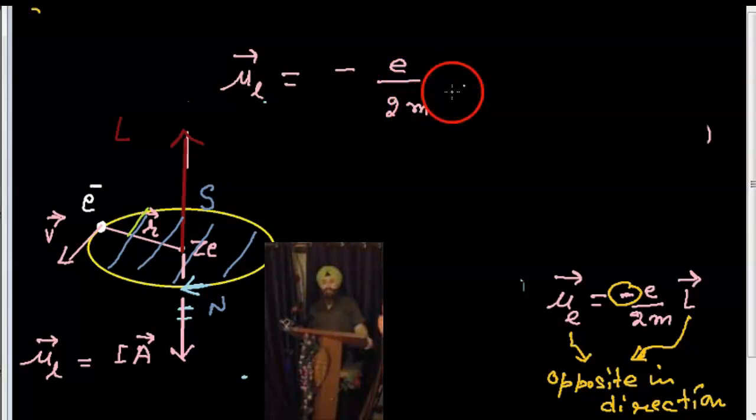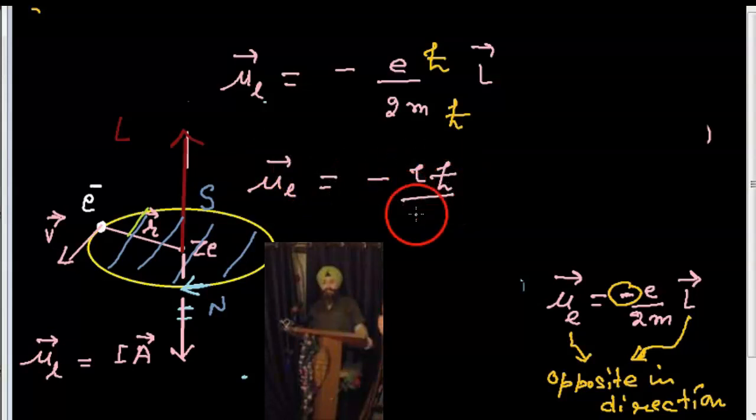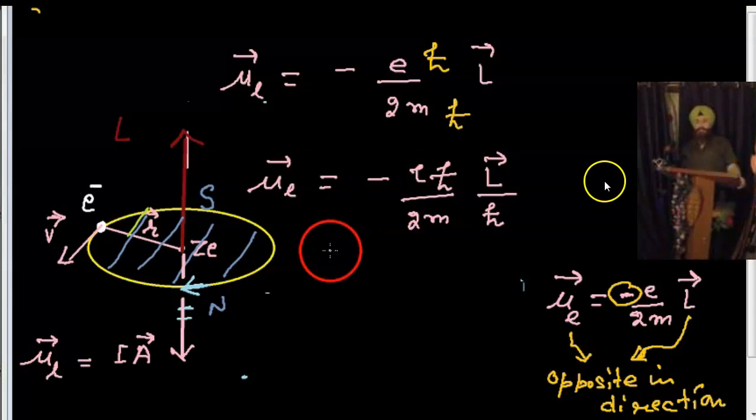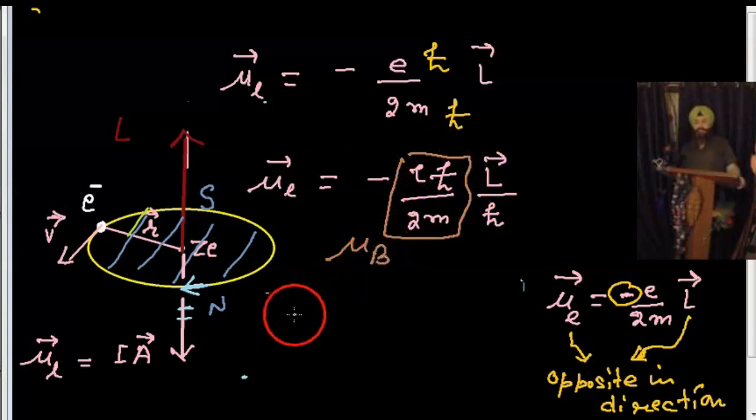Now we know, multiplying and dividing by h cross. Now this is the relation. Now e, h cross, 2m, they are all constants. And what is the constant called?